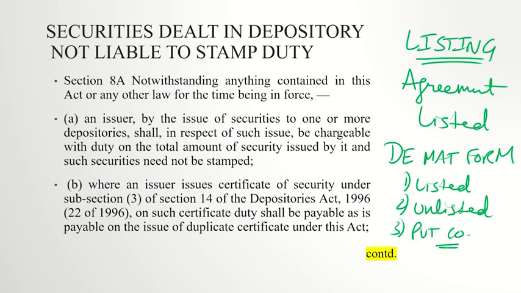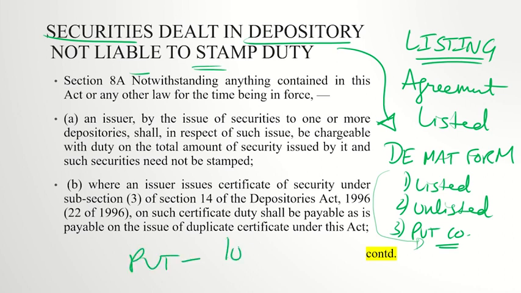If the shares are in dematerialised form, then stamp duty is not applicable. Securities means shares, scrips, bonds, debentures, whatever. If it is dealt in a depository, that means it is there in demat form, then no stamp duty is there.